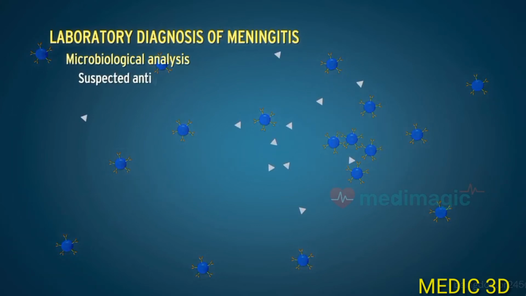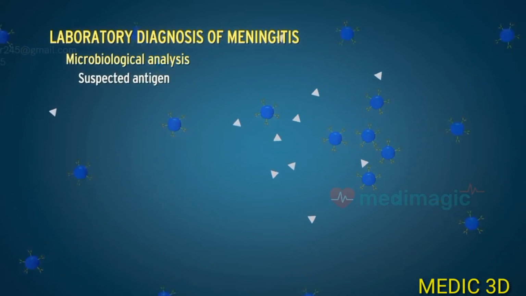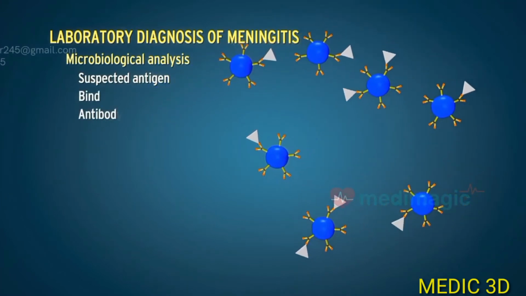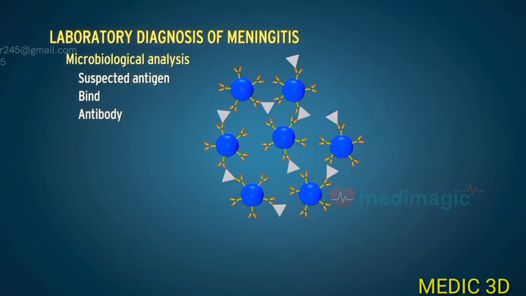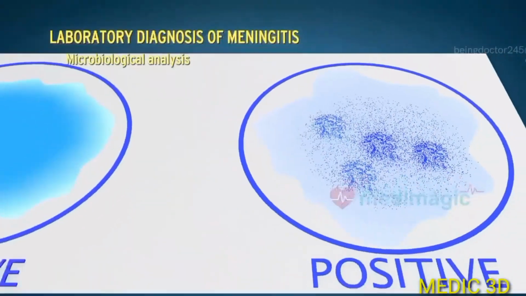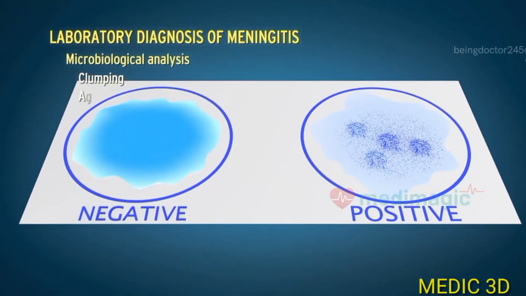If the suspected antigen is present, the antigen will bind to the antibody on the latex bead. This can be observed by the latex beads clumping together, that is, agglutination.